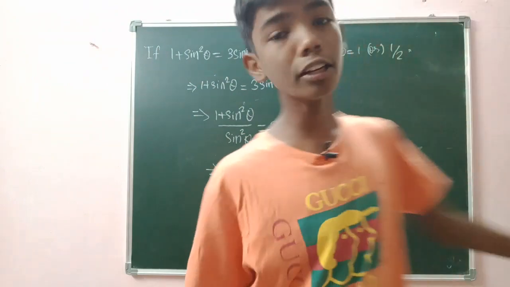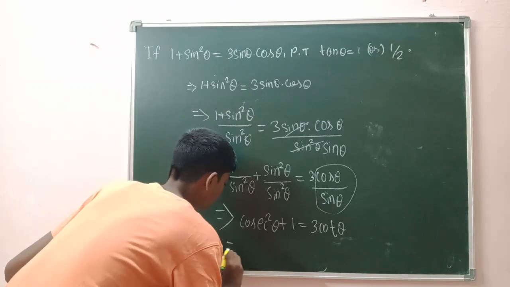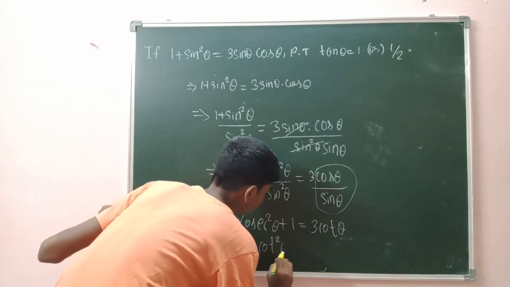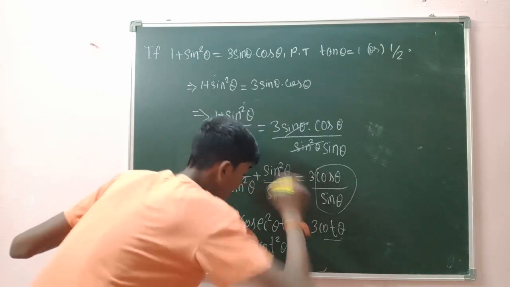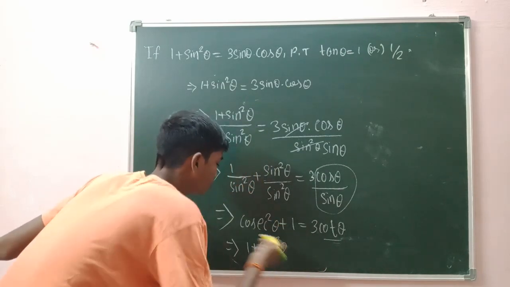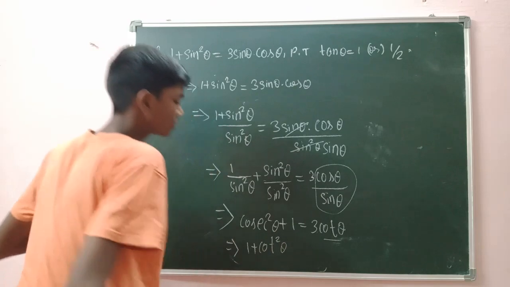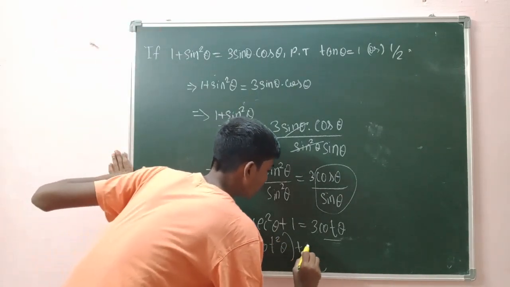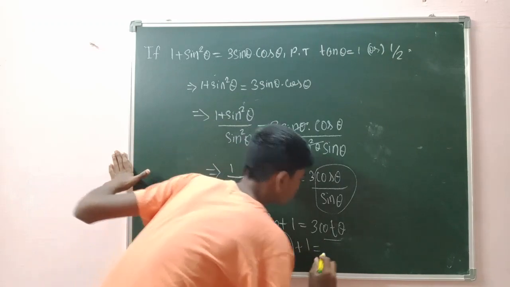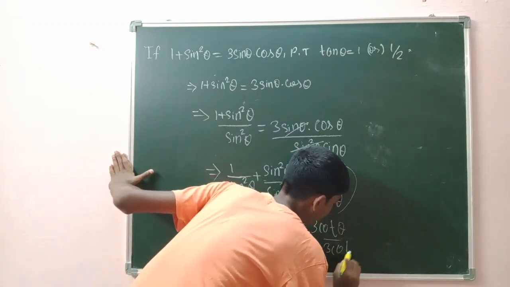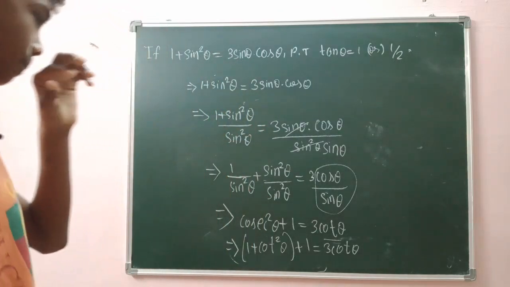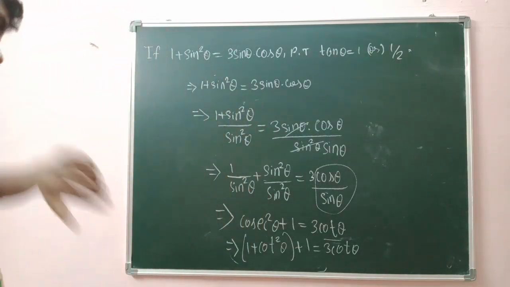Yeah, I can convert cosecant square theta as 1 plus cot square theta. Because I'm having a square now, it's difficult to convert cot theta in terms of cosecant theta. So I'm simply writing cosecant square theta as 1 plus cot square theta, Pythagorean identity. Plus 1 is equal to 3 cot theta. Correct.